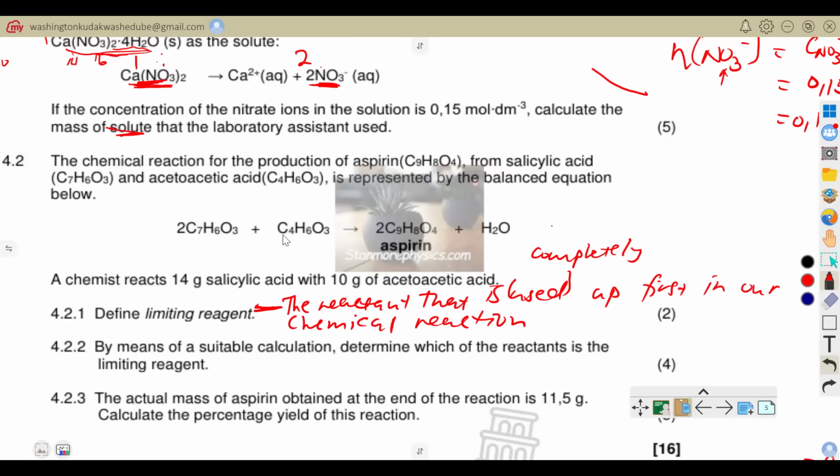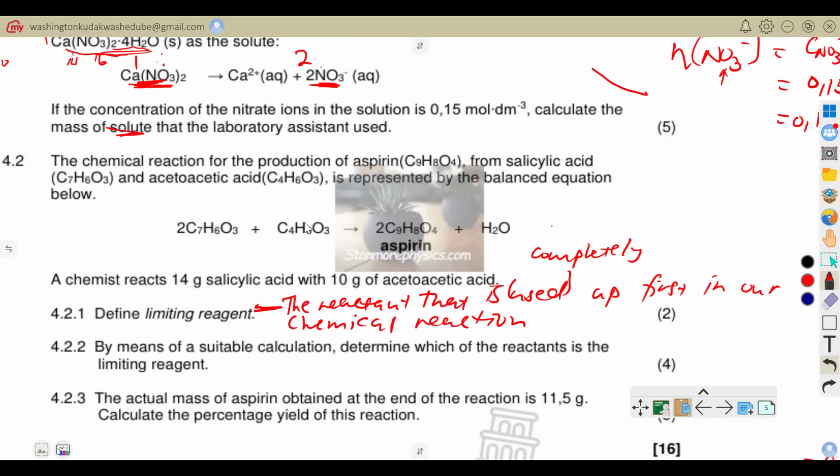We need to first determine the number of moles of the product, or the amount of product produced by each reactant. From the given information, we are given the mass of the salicylic acid that reacted and the mass of the acetic acid that reacted.